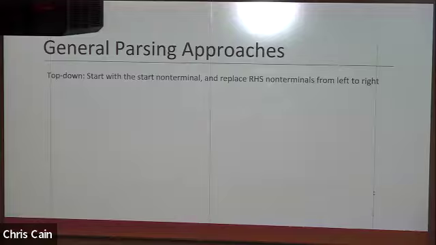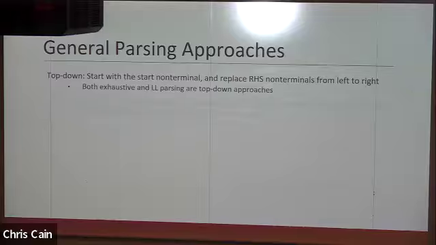Search through the grammar, replacing the start non-terminal with some right-hand side of a production for which the start non-terminal is the left-hand side. With that right-hand side, we're going to expand non-terminals and continue to expand non-terminals until we can intelligently generate the target program. So both exhaustive and CYK and LL are all top-down approaches.